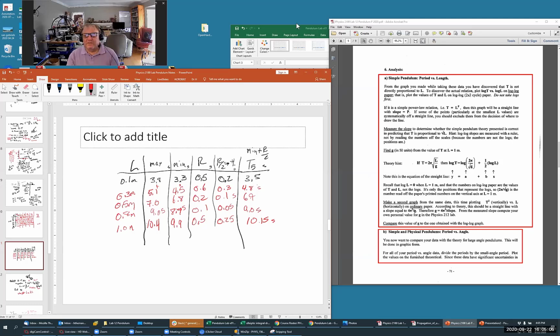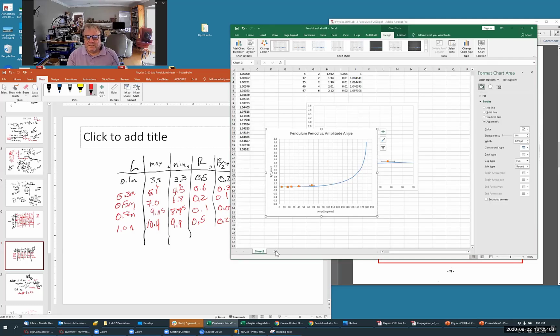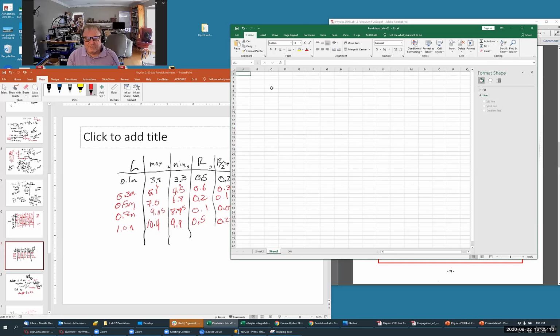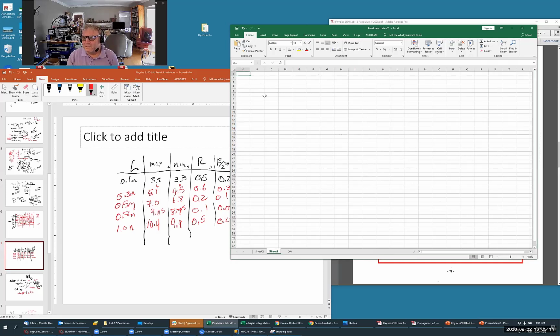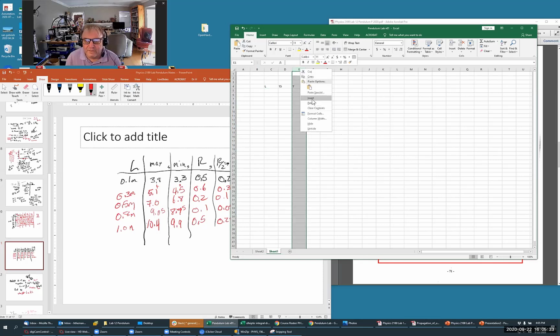So we got our spreadsheet, and let me get a new one here. So we want L, and we have T5, so we have to then create T. And wait a minute, we have to insert.